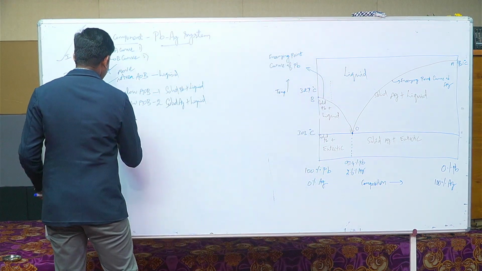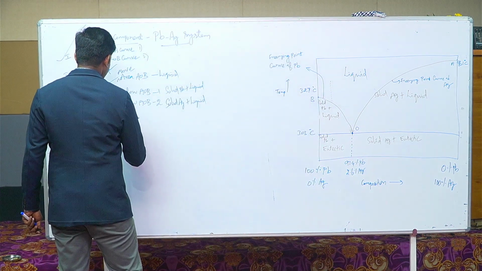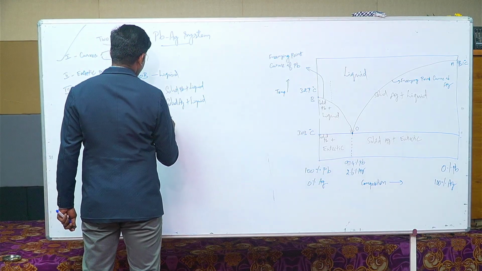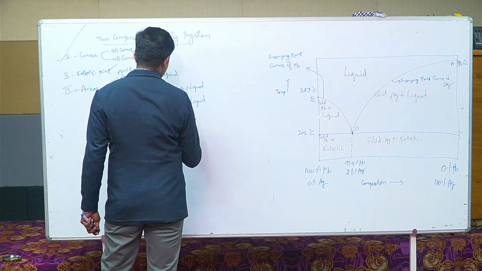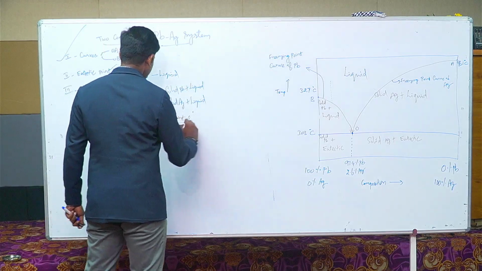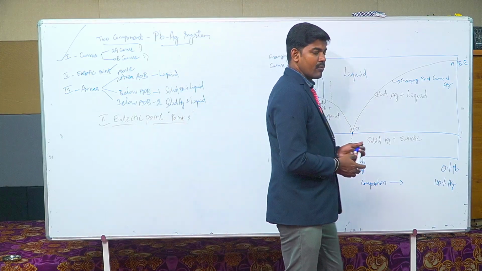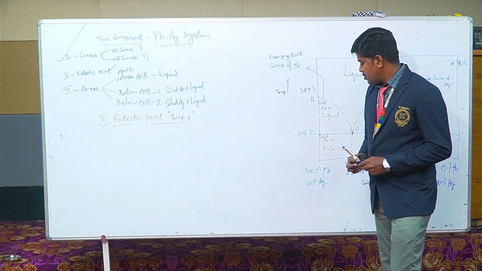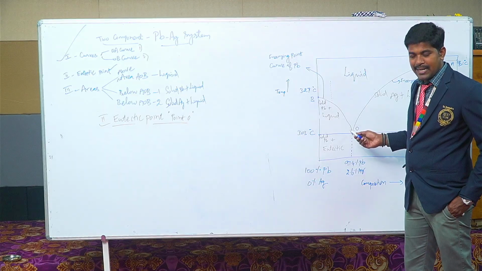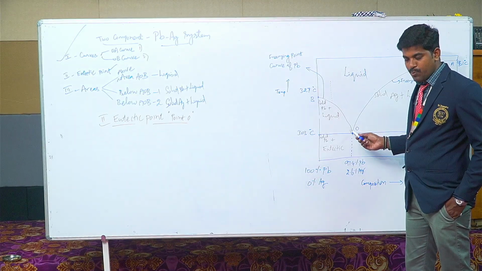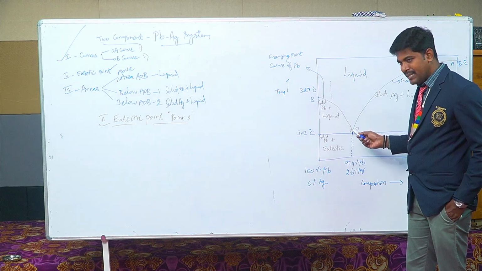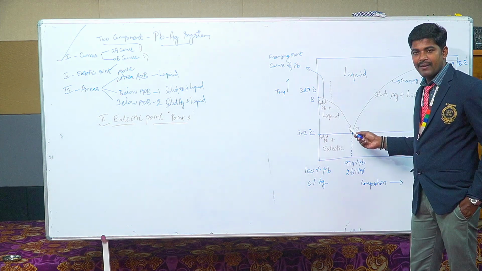So number 2 is the eutectic point, or point O. This point connects the liquid, this point connects the solid lead, and this point connects the solid silver.